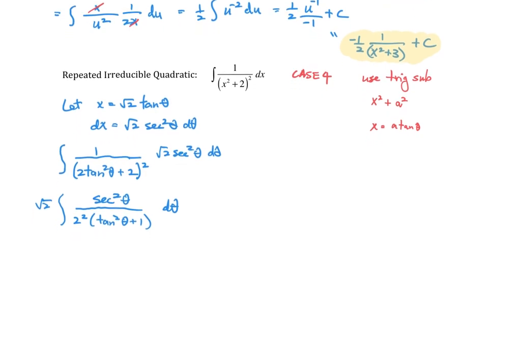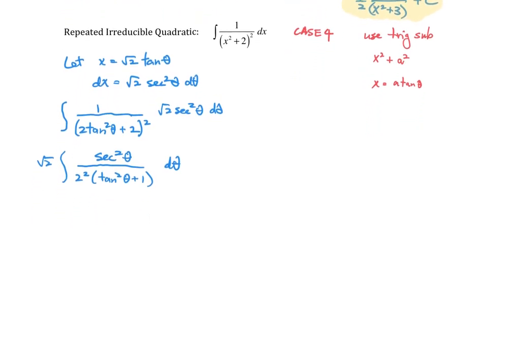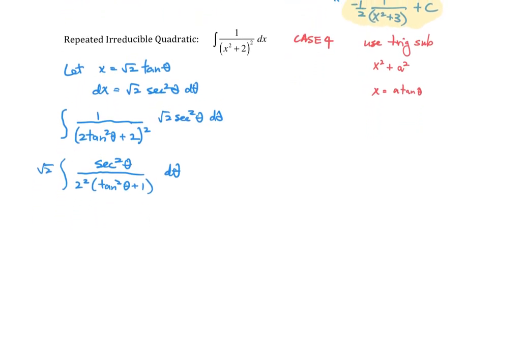All right. So I can now factor this 2 squared, which is 4, outside of my integral because that's a constant. So let me do that. So this will be rad 2 over 4. We still have a secant squared on the top. On the bottom was still squared.